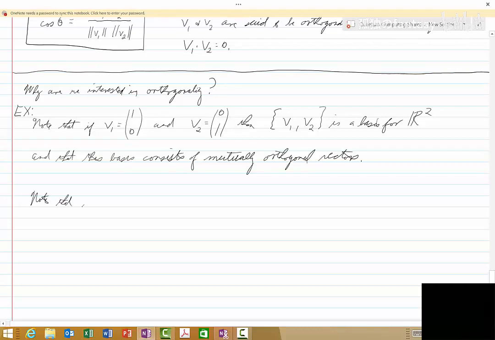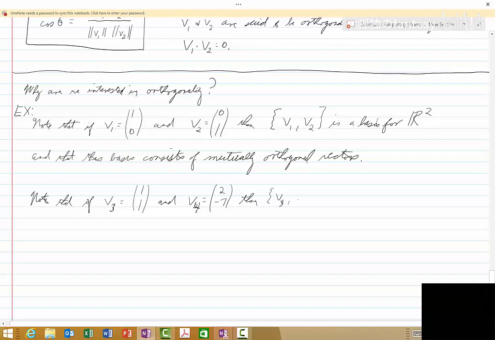Note that if V1 equals 1, 1, and V2 equals 2, negative 7, then, actually, let me call these V3 and V4. So that's V3 and V4.